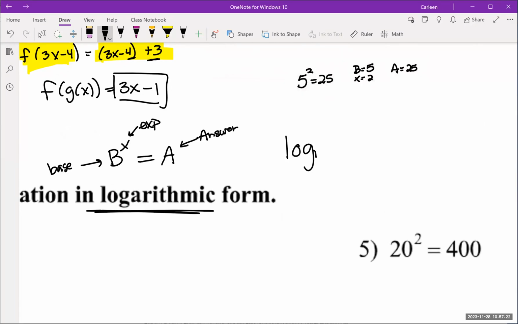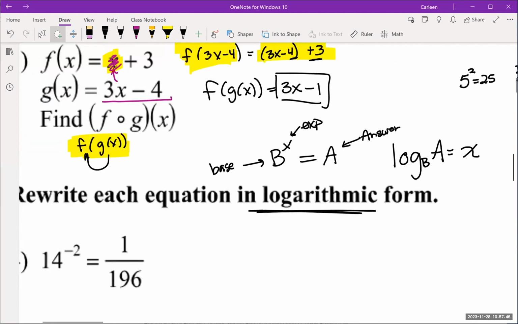Log, the base goes here, the answer goes here, and we have now isolated the exponent. The first one we do is going to be a little confusing, but it's all about the base, no trouble.